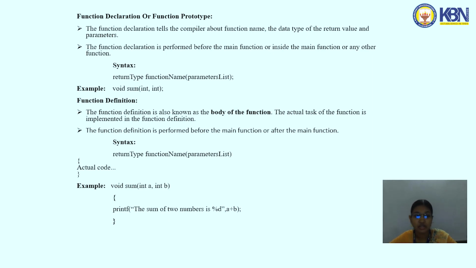In that you have to write the actual code, which means the implementation of the code. Let's see the example: return type void, function name sum, parameters int a and int b. Now the actual code is: the sum of two numbers is %d, a plus b. You have to add the a and b values. The output will be an integer only, so the integer type conversion is %d.